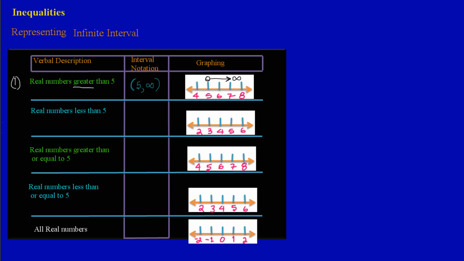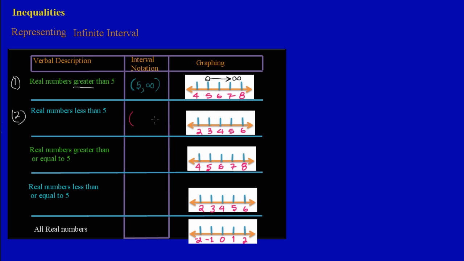In the second part, we're asked to represent real numbers less than 5. Since I'm looking at real numbers less than 5, I'm going to use my parenthesis because it is less than. I'm going to use my parenthesis again.